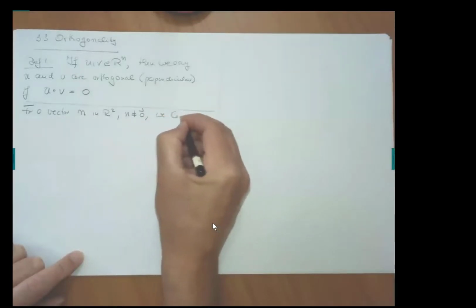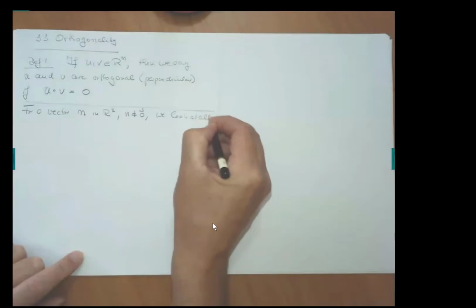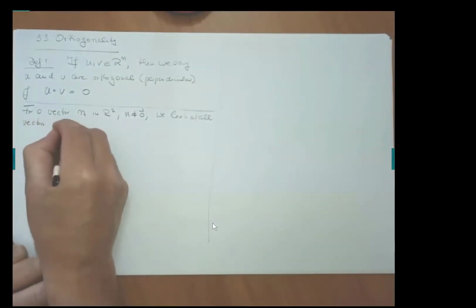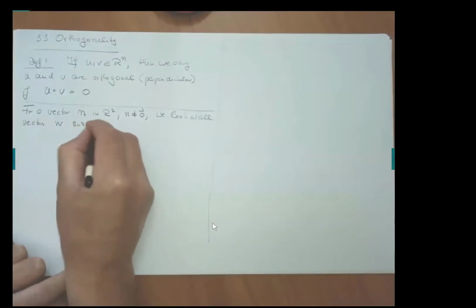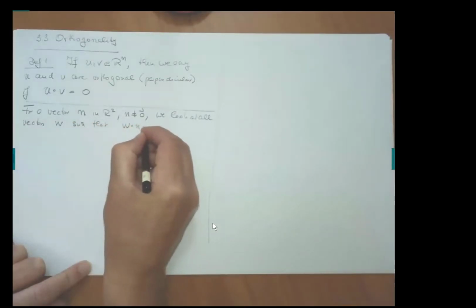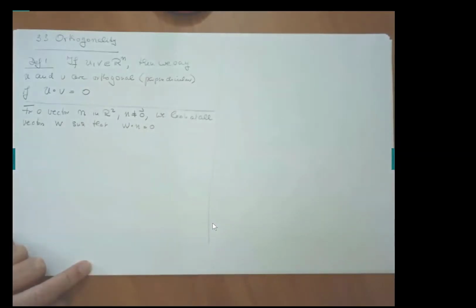We look at all vectors, let's call the vectors W, such that W times n is equal to 0.